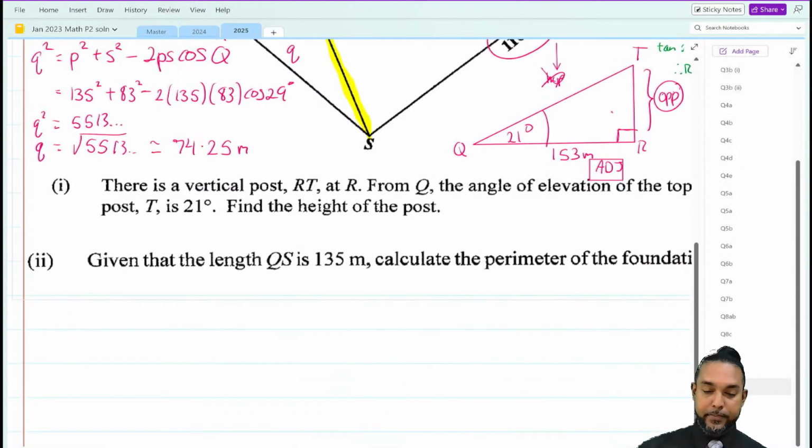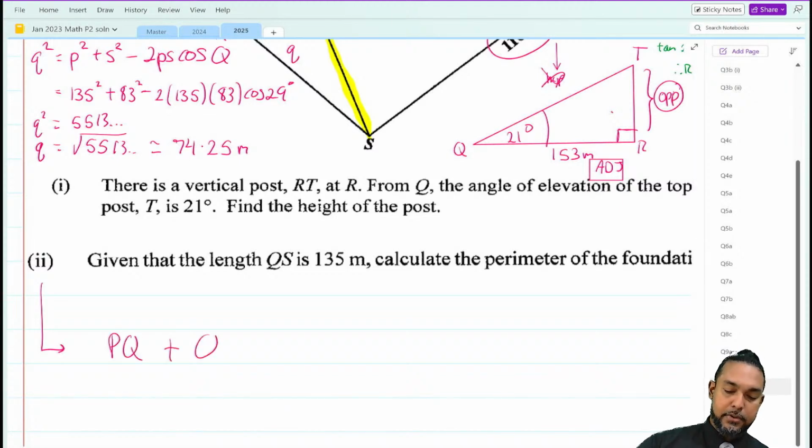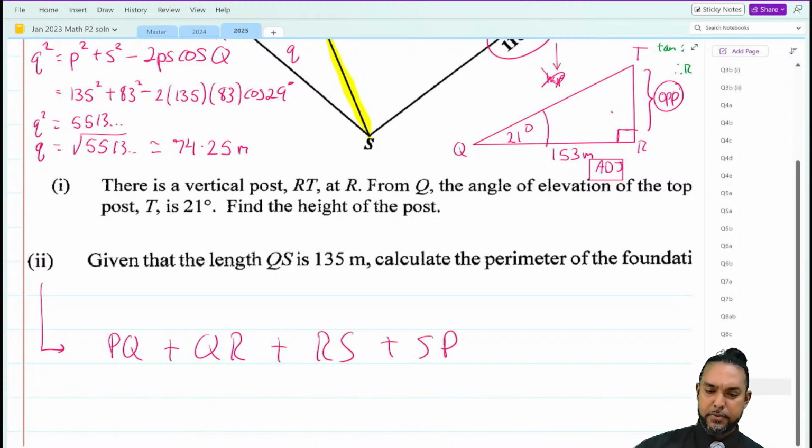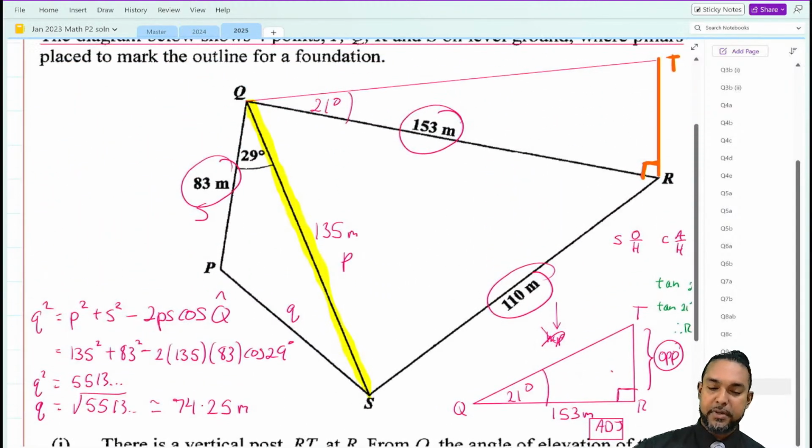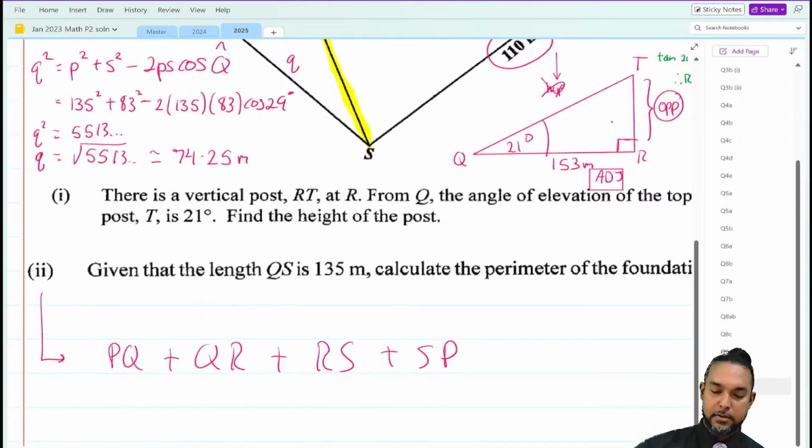All right. Okay, cool. So to find the perimeter, you can say PQ plus QR plus RS plus SP. Oh no, hold on, we just found PS, right? So PQ is 83.